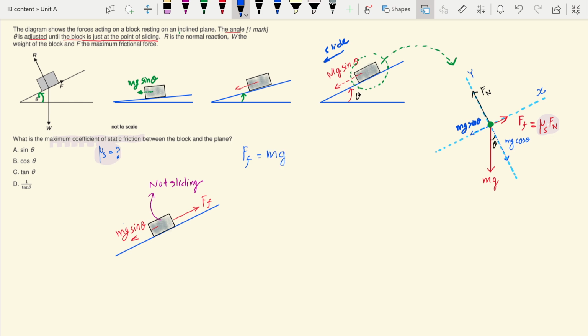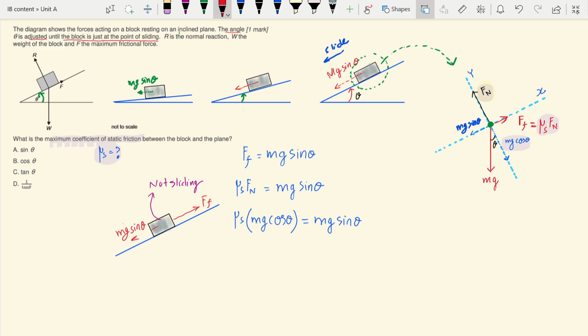So the force of friction, mu s times the normal force, is equal to mg sine theta. And I told you that the forces along the y-axis balance each other. That's why we can put the value of the normal force, which is mg cos theta: mu s mg cos theta equals mg sine theta.